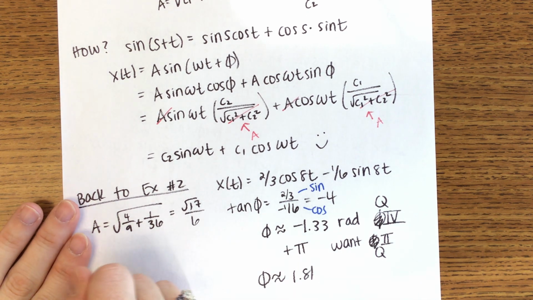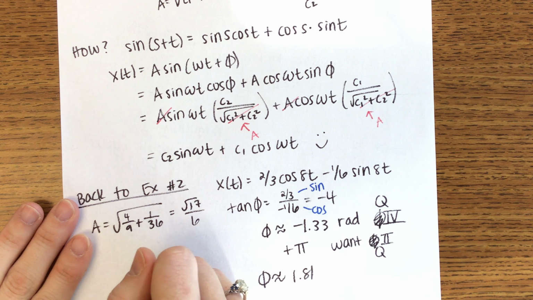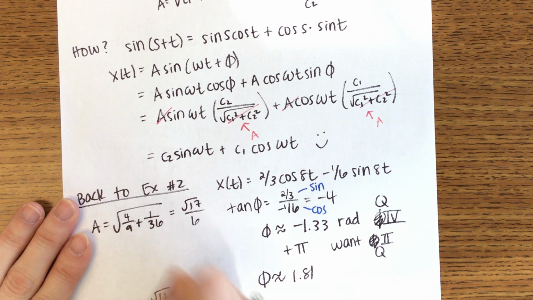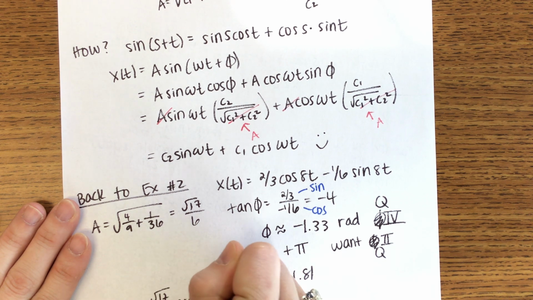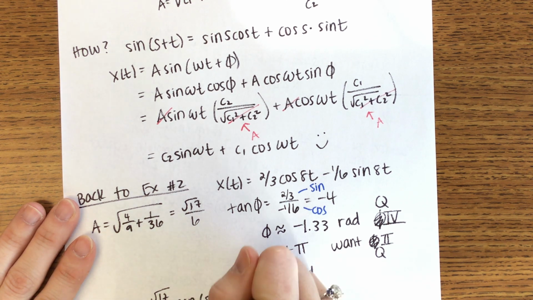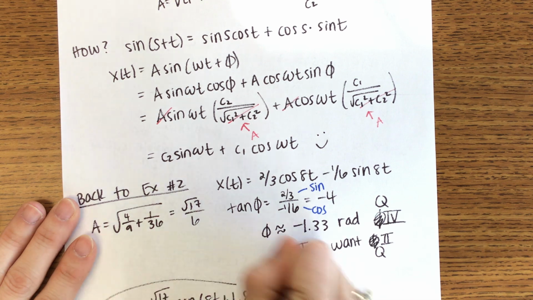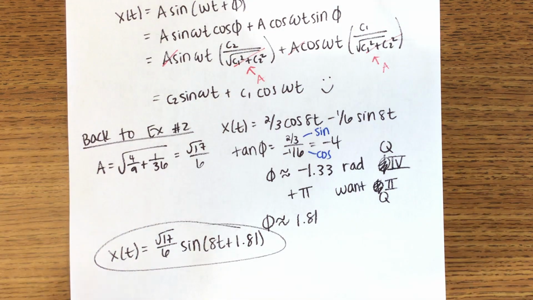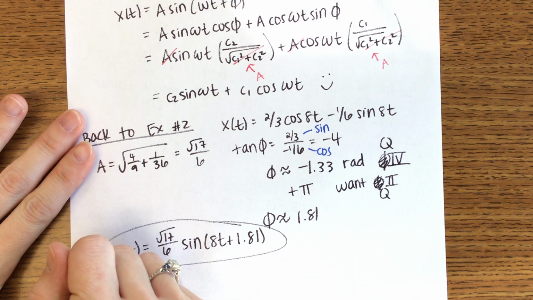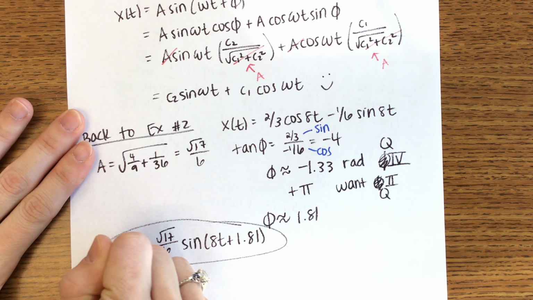Okay, so our alternate form then will be x of t is equal to root 17 over 6 sine of 8t plus phi. There's 2 things mainly that you'll be asked with this.